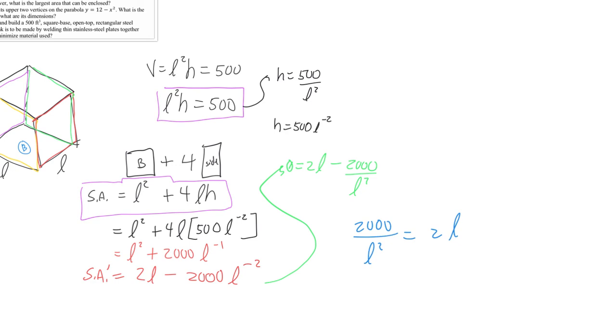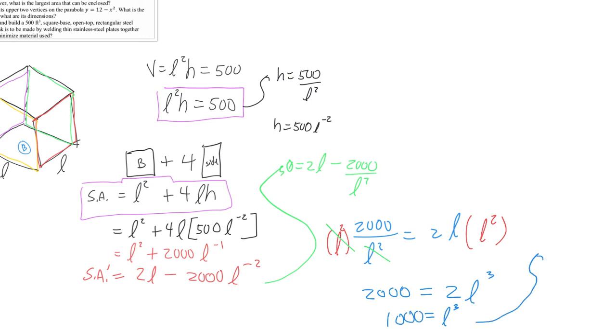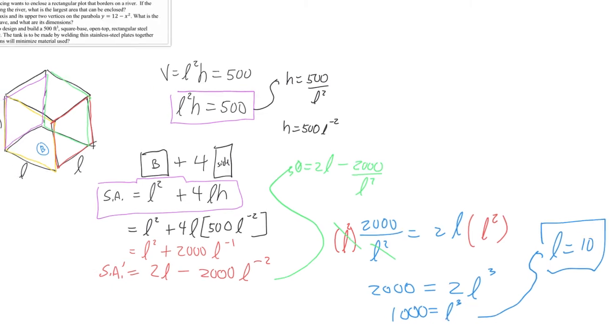Now we're solving for L, so let's multiply both sides by L squared to get this L squared out of the denominator. We'd end up with, therefore, 2,000 equals 2 times L cubed. If we were to divide by 2, we'd have L cubed equals 1,000. And I think we could all agree, therefore, that L equals 10, which is very, very useful information.